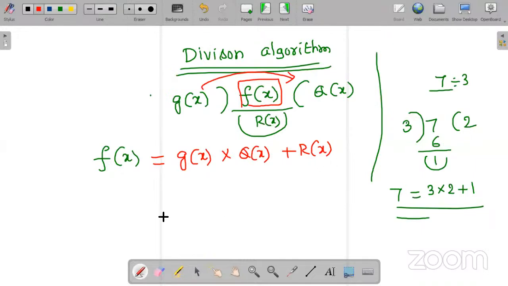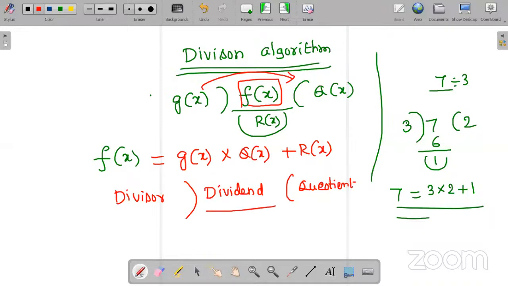Here f of x is called the dividend, g of x is called the divisor, q of x is called the quotient, and r of x is called the remainder.